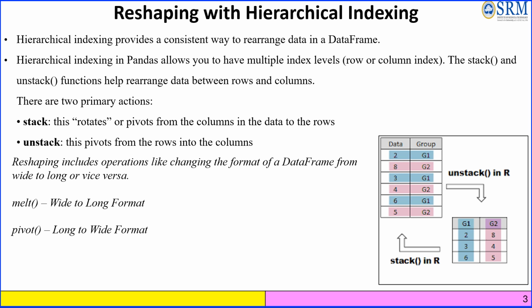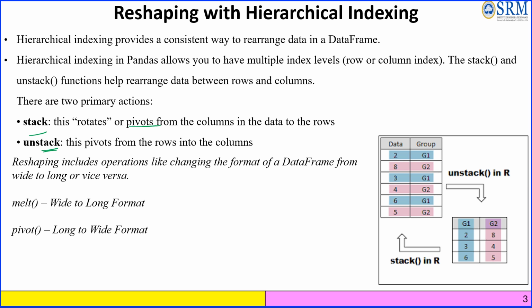So in this, we are using the stack method and unstack method. So stacking means this rotates or pivots from the columns in the data to rows. Okay, so this is here one column, and then this is our rows. So here we are increasing the rows. So here see, there are 3 rows, but the rows are increased to 6.